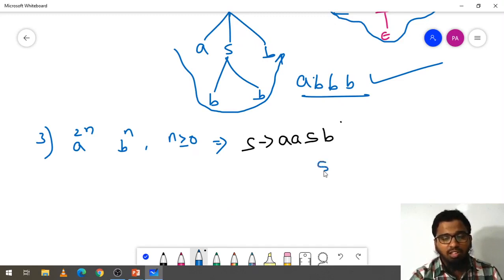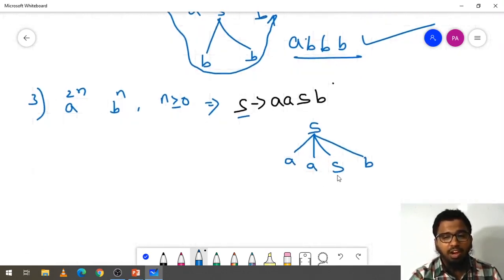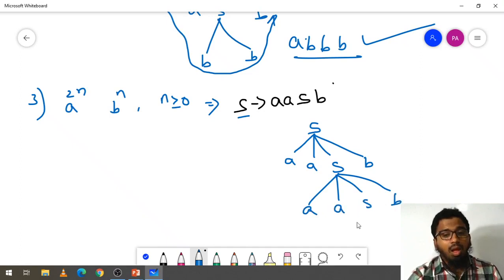This is S and it is divided into 4: A, A, S, B. S is a non-terminal.